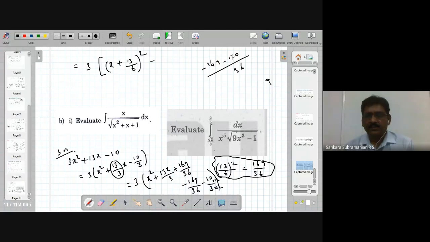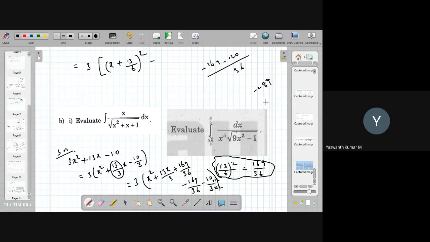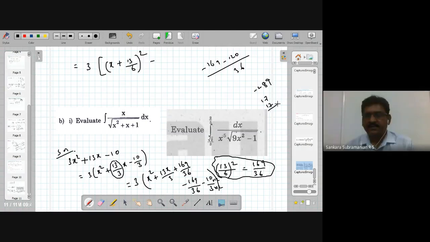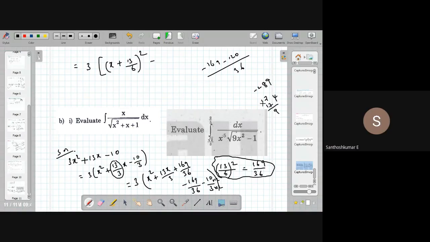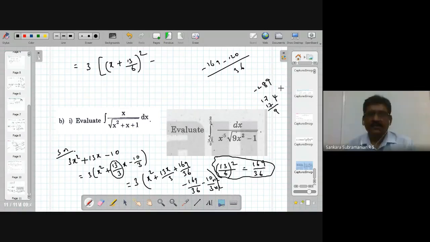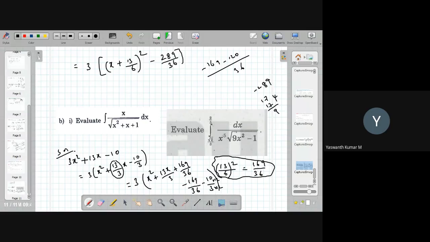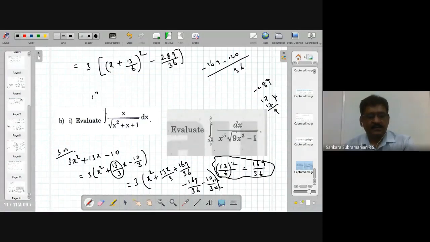What is 17 into 17? 289, 17 square. Okay, fine. So this is minus 289 by 36, or you can write it as 3 times of x plus 13 by 6 the whole square minus 17 by 6 the whole square.